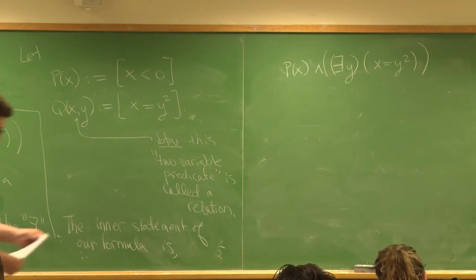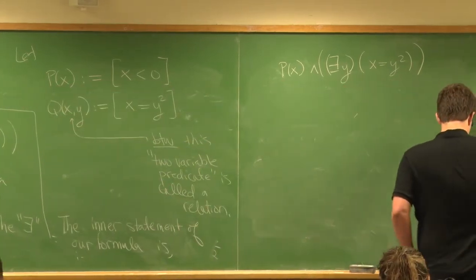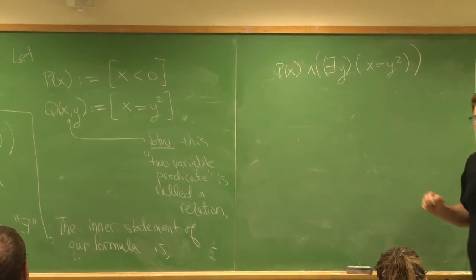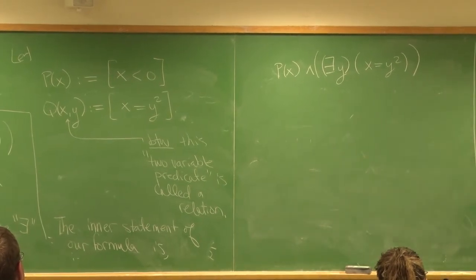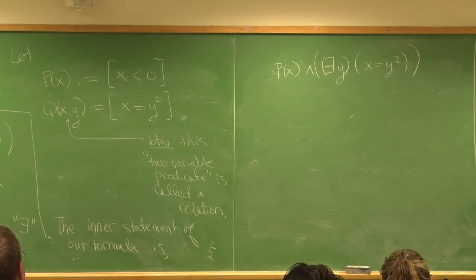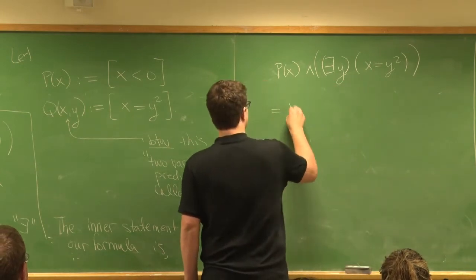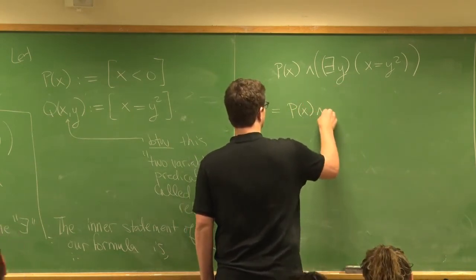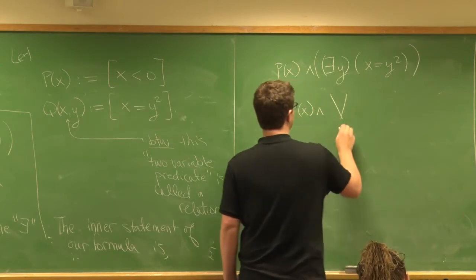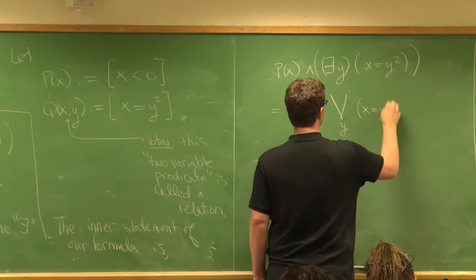Okay, so we talked about how the two quantifiers were related to and and or. Do you guys remember that? So the existential quantifier is related to or, and the for all, or the universal quantifier, is related to and. Okay, so this looks like a big disjunction of these things.